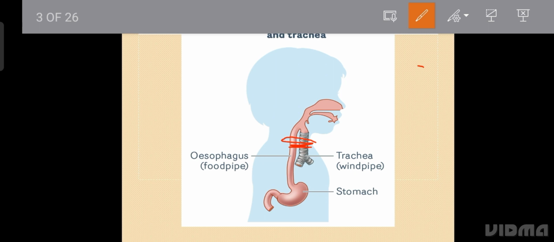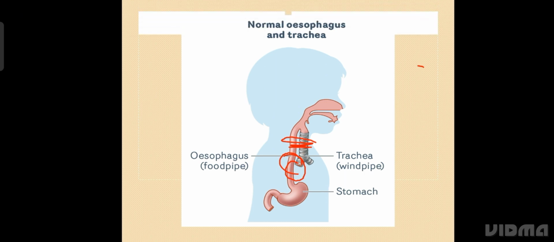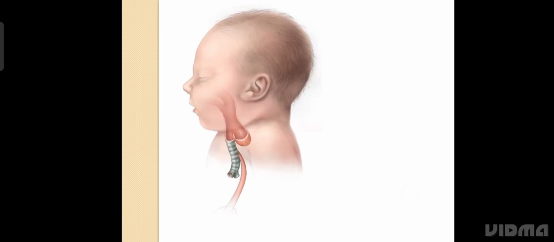If we talk about esophageal atresia, then there will be a discontinuation in the pathway of the esophagus. It will make two segments. The esophagus is divided into two segments, the upper and the lower segment, meaning there will be no patent pathway between these two segments. So one by one we will see.